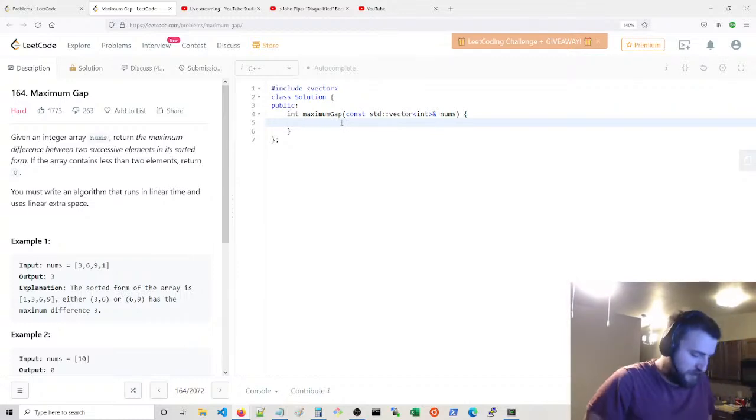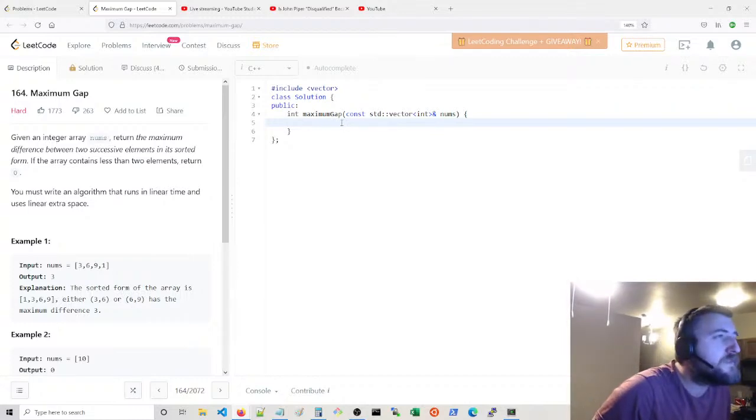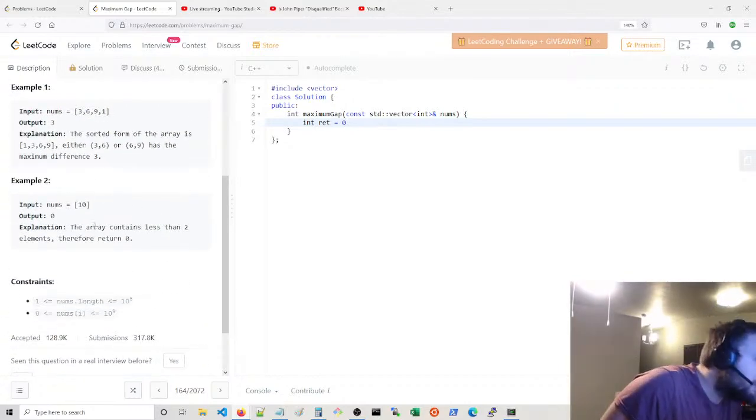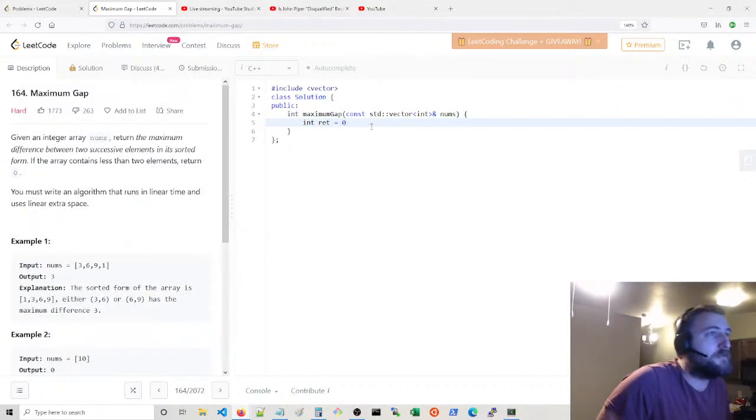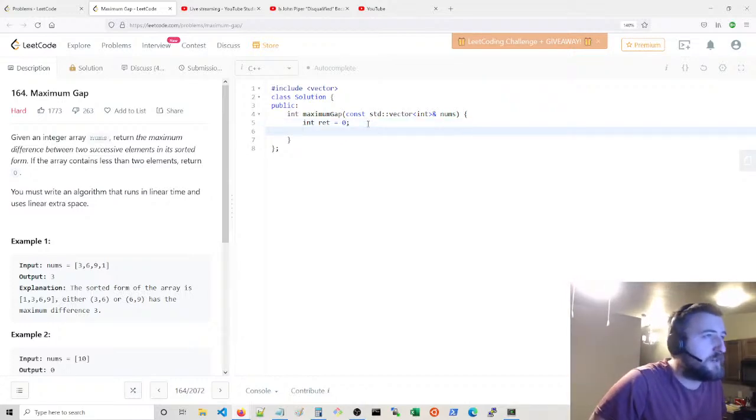So the way it works is going to be int ret. They said already this is supposed to be linear, but we're going to write a quadratic time algorithm.